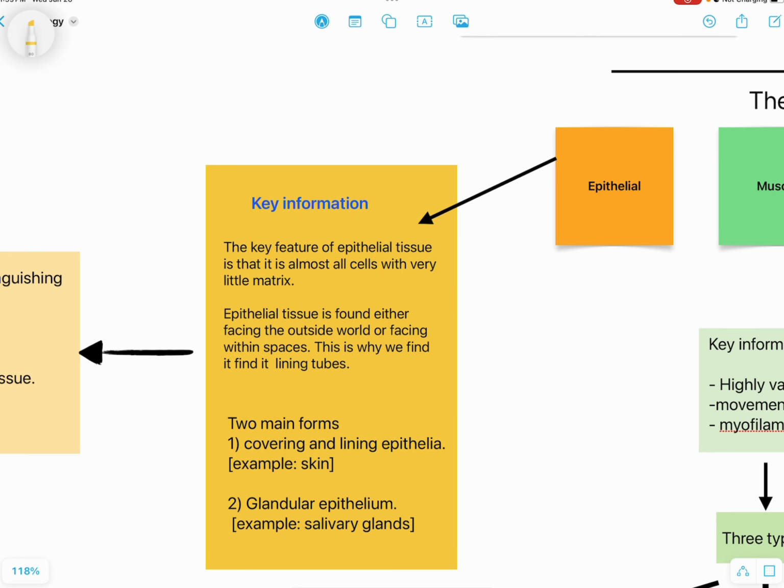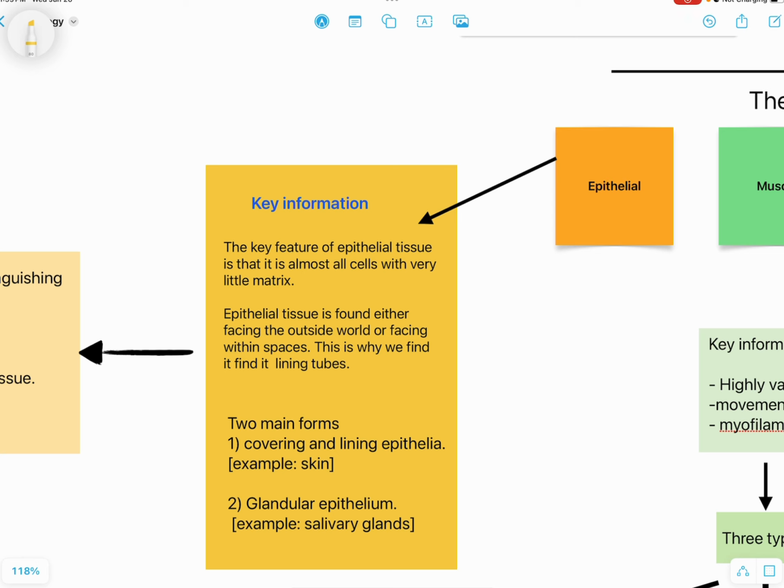Now, remember, one of the most important things when you're doing histology is get into your brain a checklist of what a tissue should look like. And let's just quickly review. So if I'm looking at epithelium, remember, it's all cells, no visible matrix. Is there matrix? There can be a little bit, but no visible matrix. And then I name it based on 2 characteristics.